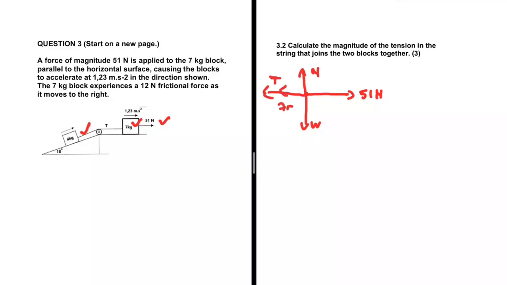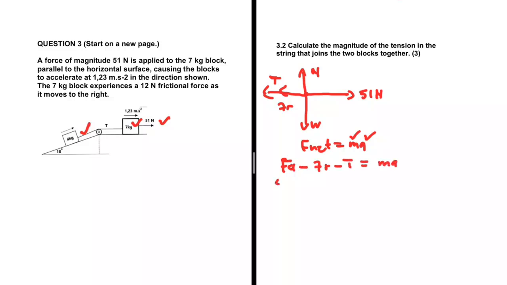So we can use F net equals ma. We have the mass, we have the acceleration, and then we have the forces acting on the object. So we will say force applied, this is the force pulling the object, minus all the forces that are opposing the motion. So that will be the frictional force and the tension force. This equals ma.